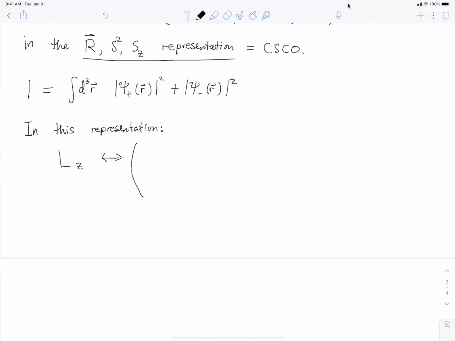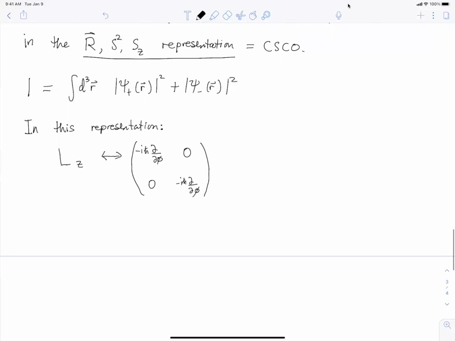And so what we do is we write a 2x2 matrix with minus i h bar partial phi here, and minus i h bar partial phi here. And then it's diagonal, so we just write zeros there. All this is saying is that for each of the spin components independently, L sub z has exactly the same differential operator representation that it had before. And it's diagonal because it doesn't really care about spin. It just does the same thing to all spin components.